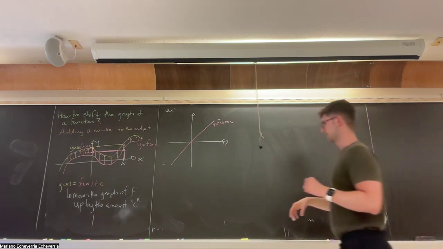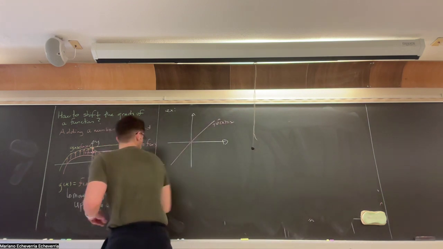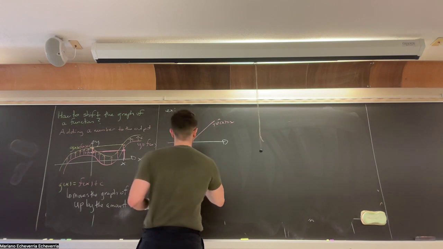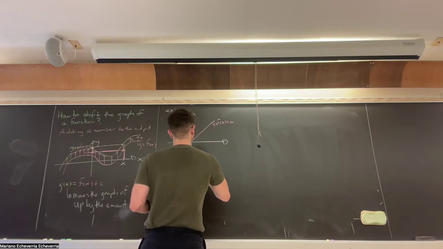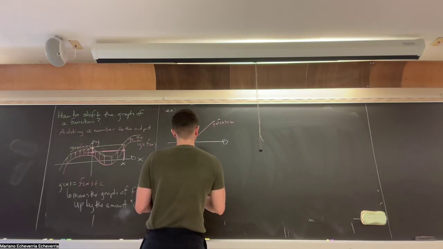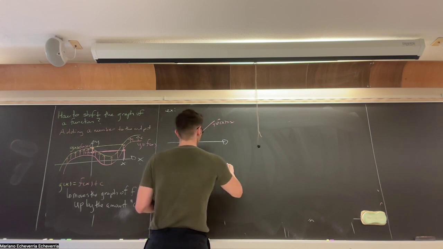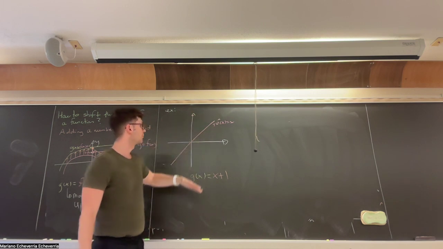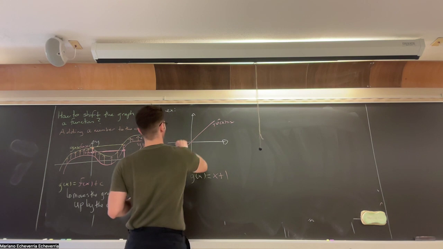So what I'm saying is that if I say g of x is x plus 1, what does that mean? It just means that I'm taking the graph of f of x and moving it upwards by 1, and that's why I end up with this.